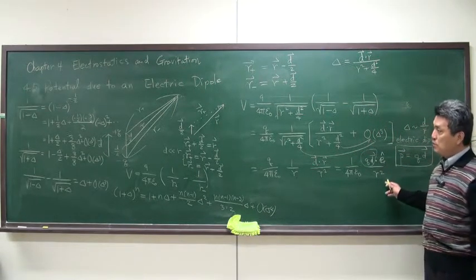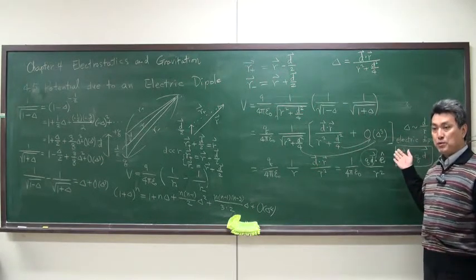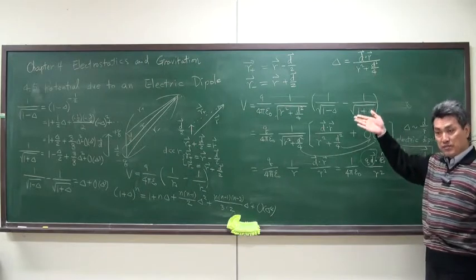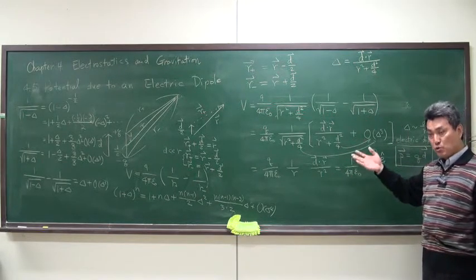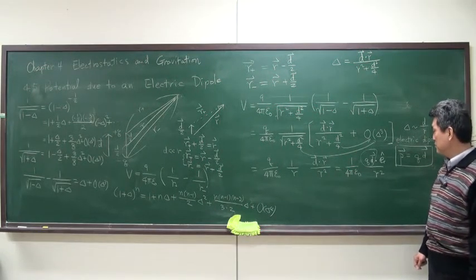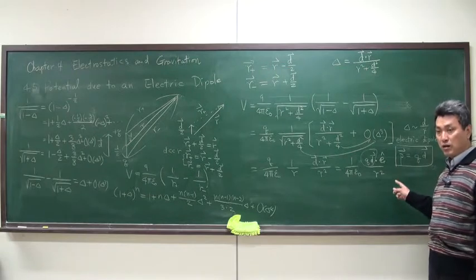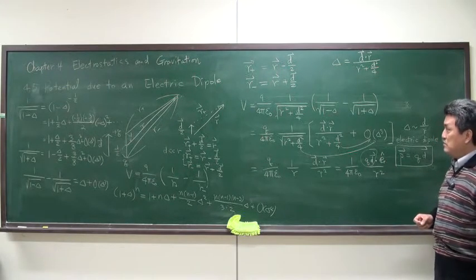So the dipole contribution vanishes very quickly at large distance, much more quickly than the monopole contribution. So the electric field will be proportional to 1 over r cubed instead of 1 over r squared. Okay, that's it.